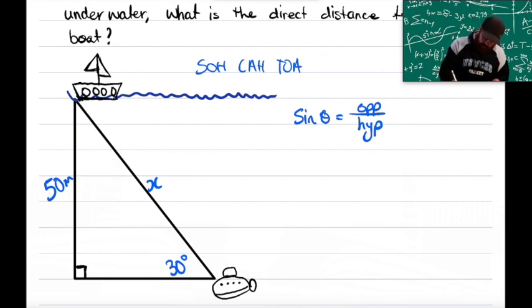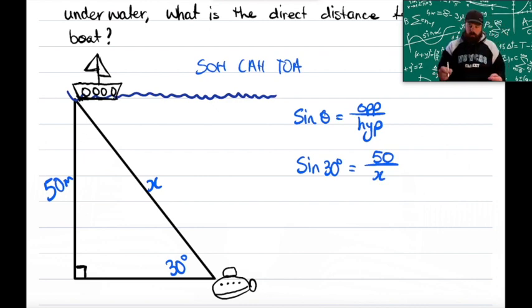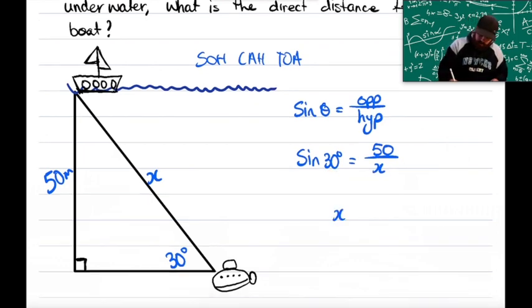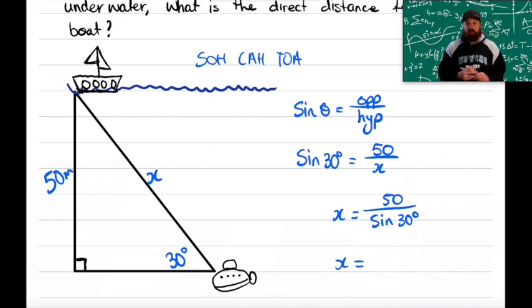Substituting my information in, sine of 30 is equal to 50 over x. And remembering that when our unknown is in the denominator, these two just switch places. So x is equal to 50 over sine of 30 degrees, and when we put that onto our calculator, we get x equals 100 meters. So there's a direct distance of 100 meters between the submarine and the boat.